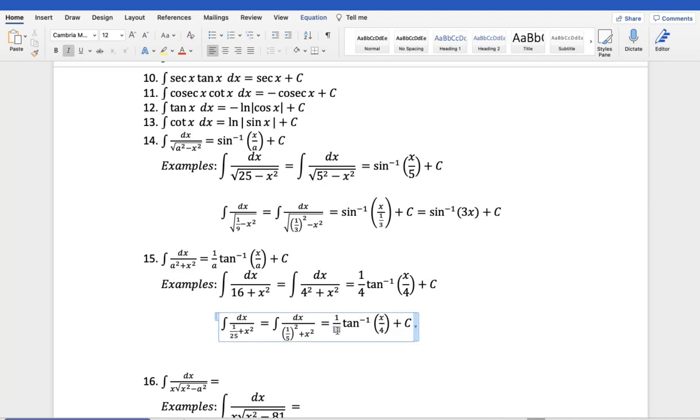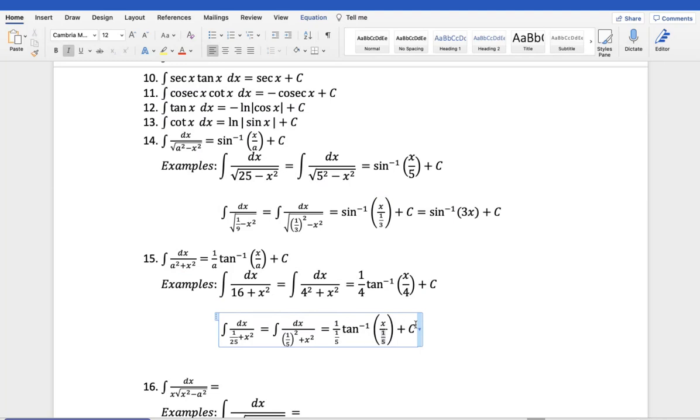So we have that integral being equal to 1 over 5 multiplied by tan inverse of x over 1 over 5 plus c. And 1 over 1 over 5 is just 5.